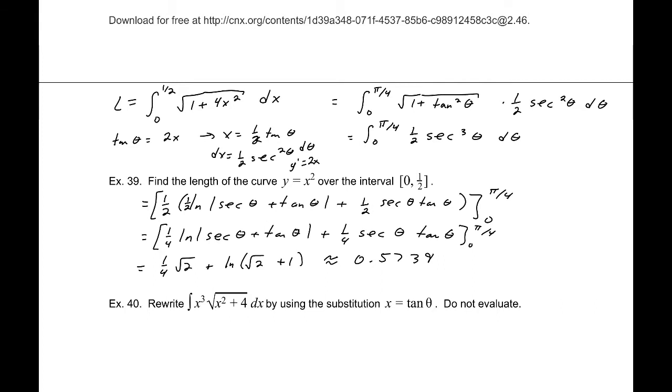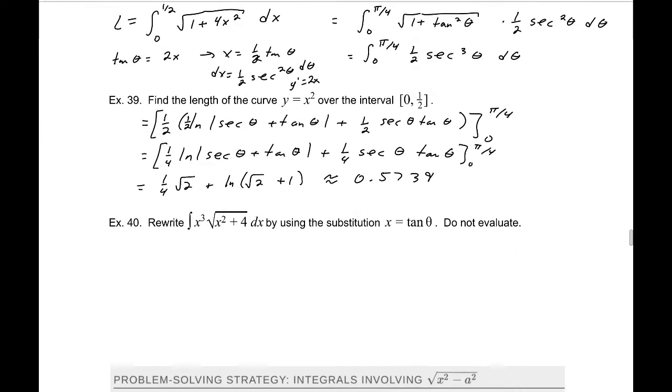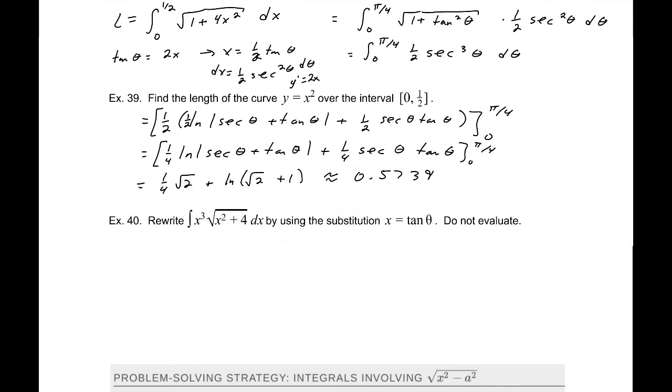Alright, number 40. Rewrite this using tangent as a substitution and don't evaluate. This is kind of like that last one we did with sine. Okay, and actually we want to use 2 tangent theta for that because our a value is 2.